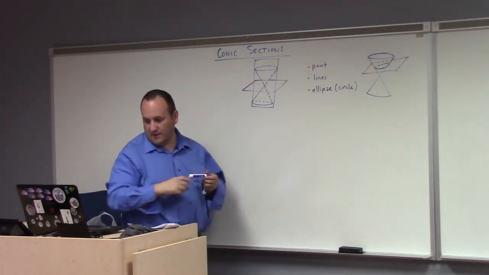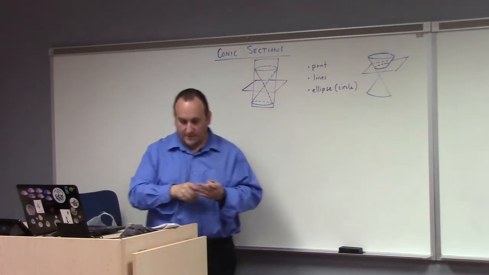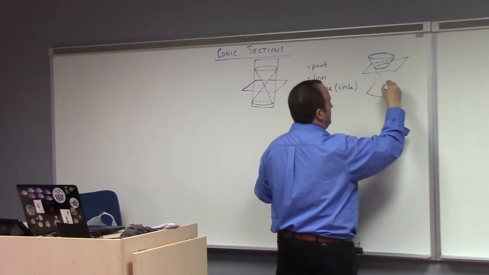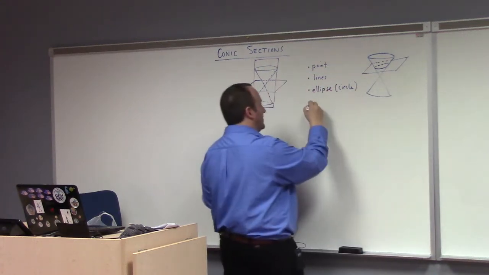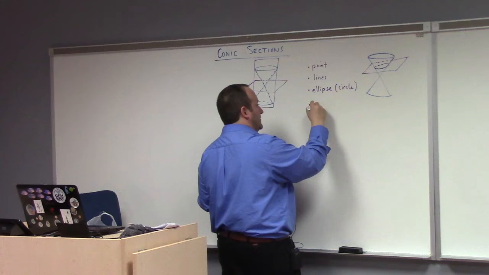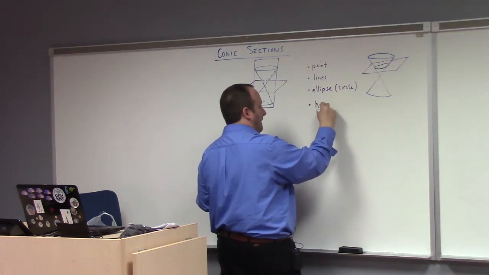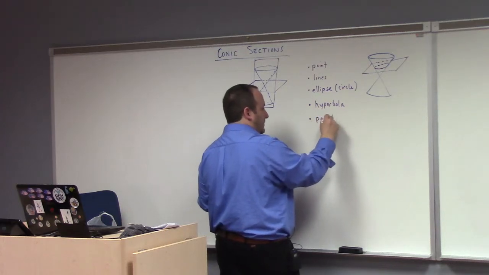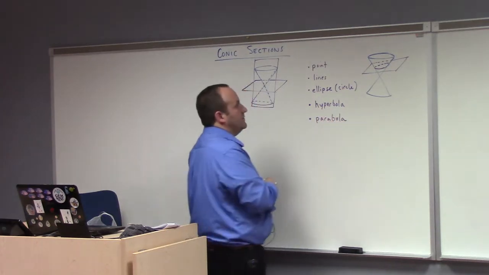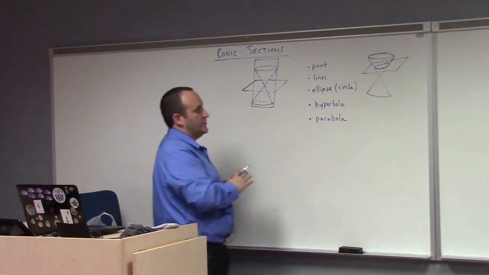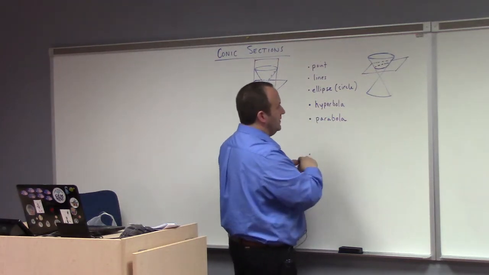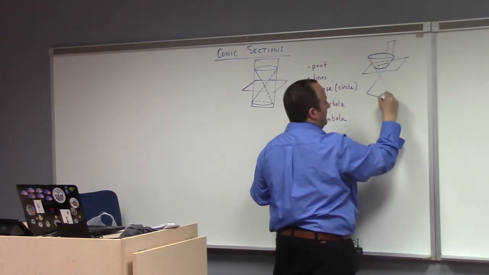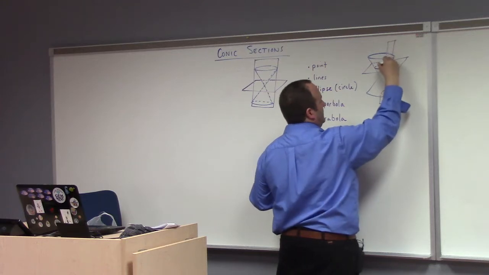But then the other thing you could do would be something like, well, I can't draw these worth anything, but you can also obtain a hyperbola or even a parabola. If you were to slice something like this, you get something up here and something down there.